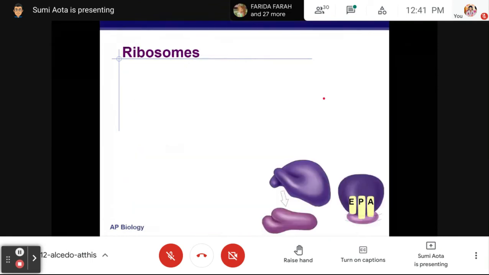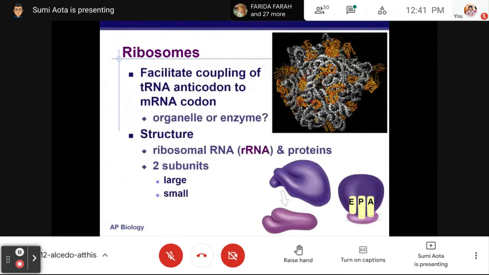Okay. The other part that's important when we talk about protein synthesis is the ribosomes. Okay, so the ribosomes facilitate or help in the coupling of the transfer RNA anticodon to the mRNA codons. Okay, it's simultaneously an organelle and an enzyme because it does do synthesis.